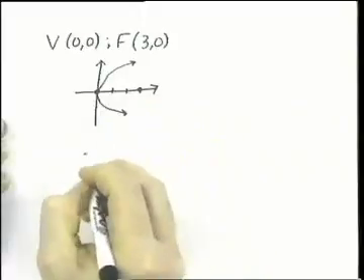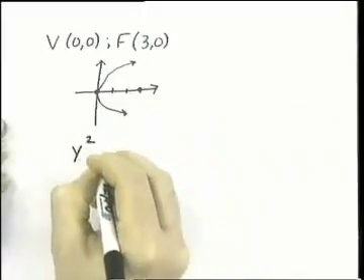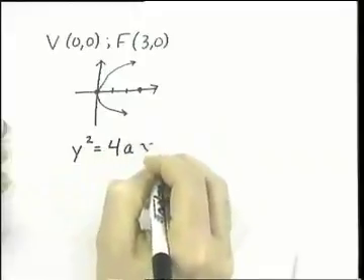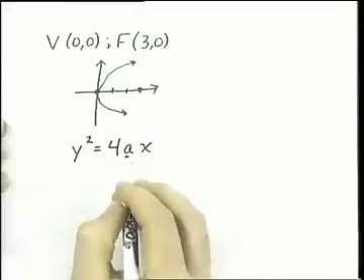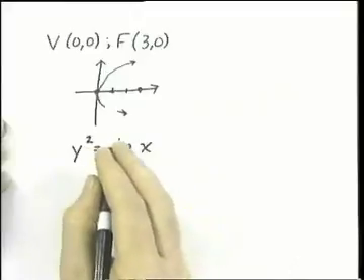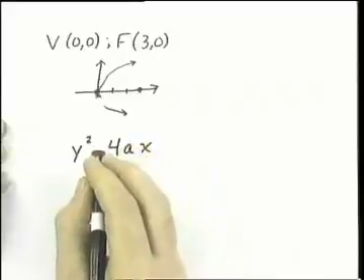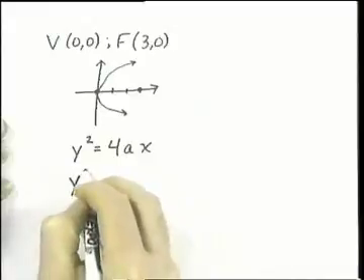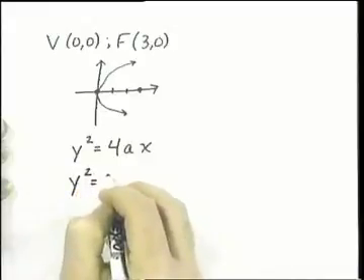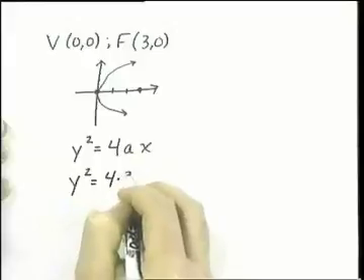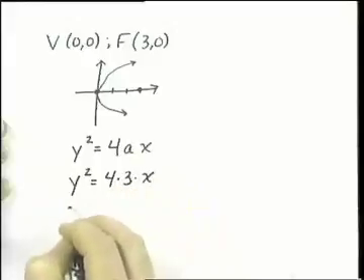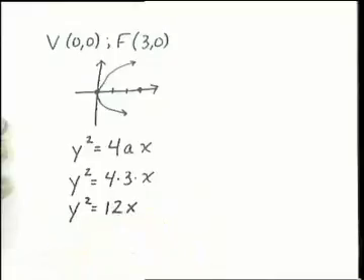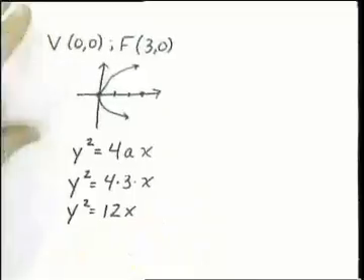Because my parabola is opening to the right, the equation of the parabola is going to be of the form y squared equals 4ax, where a is the distance from the vertex to the focus. The distance from the vertex to the focus is 3 units, so a is 3. We then get the equation of the parabola is y squared equals 4 times 3 times x, or y squared equals 12x.